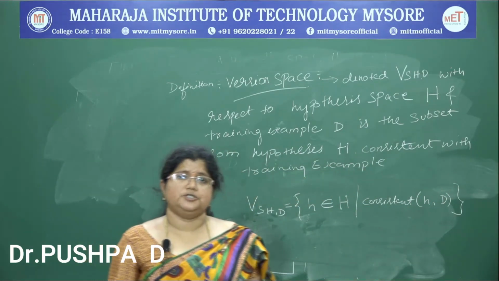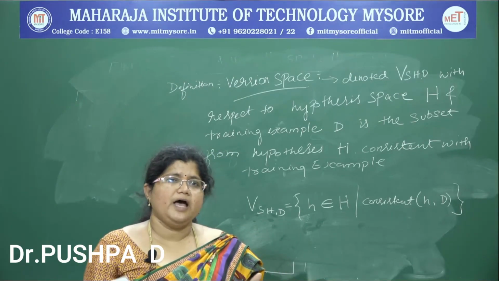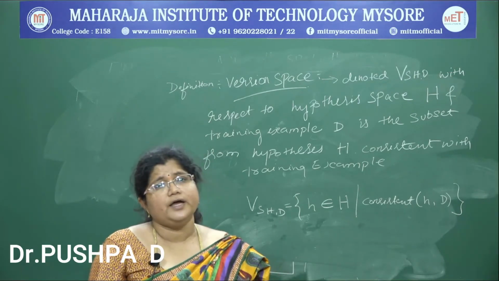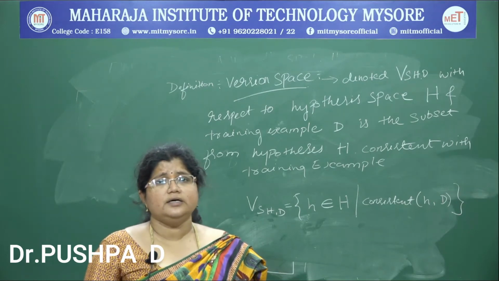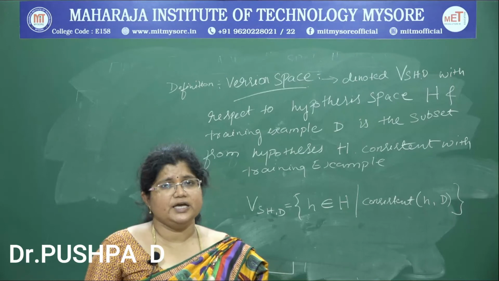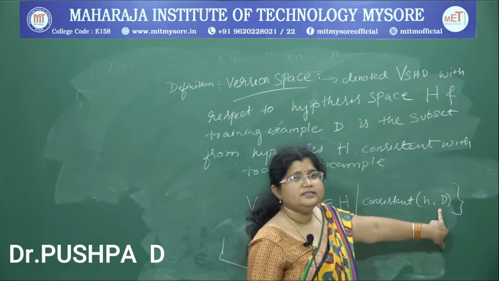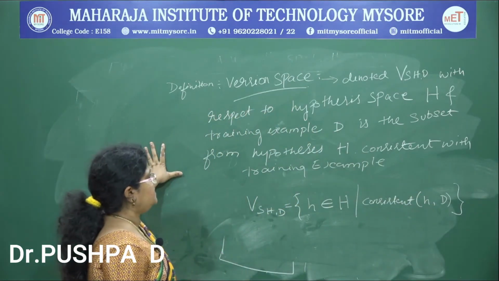This is what the version space is. A version space is a space having a collection of hypotheses, or a subset of the hypotheses, which is consistent with the given training data set D. So, that is what we call a version space.